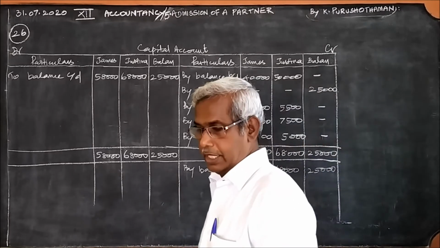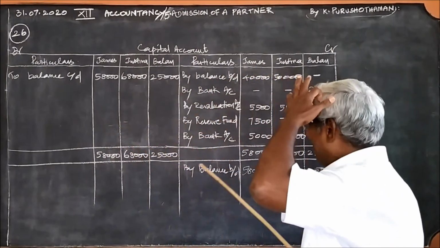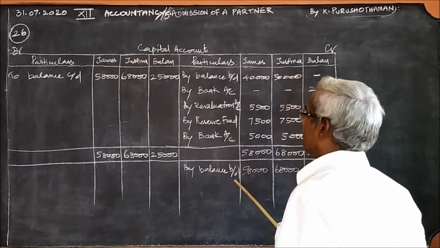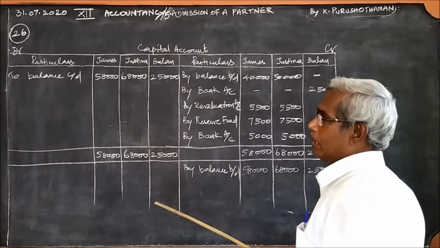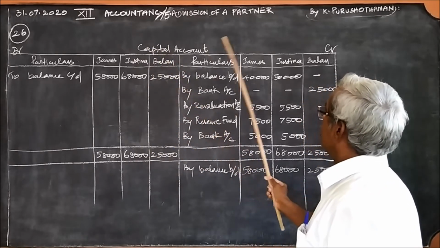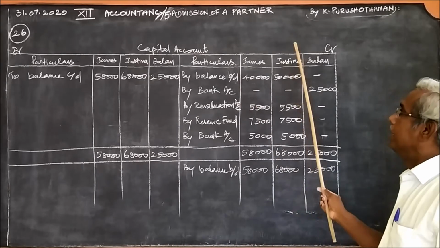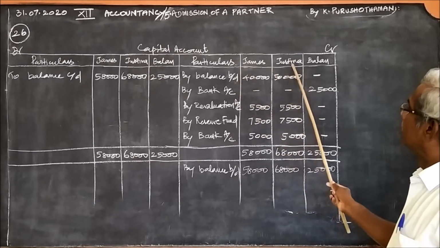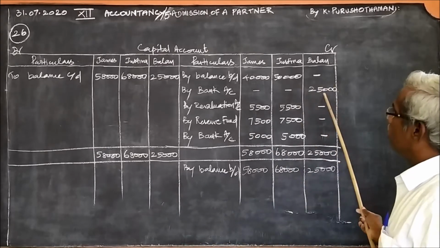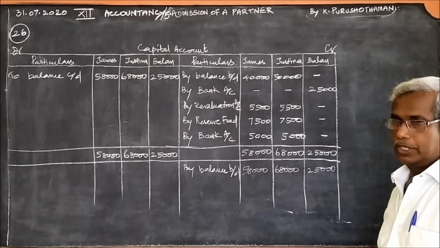What is the speciality in this problem for capital? As usual, the capital account is prepared. This is an account, therefore write debtor and creditor. For particulars one column, and for the partners, 3 columns on both sides. The old partners' capital is mentioned in the name of balance brought down. The new partner is supposed to bring a capital of 25,000, therefore we write by bank account 25,000.